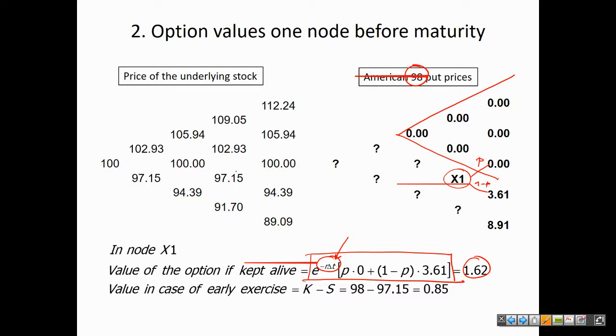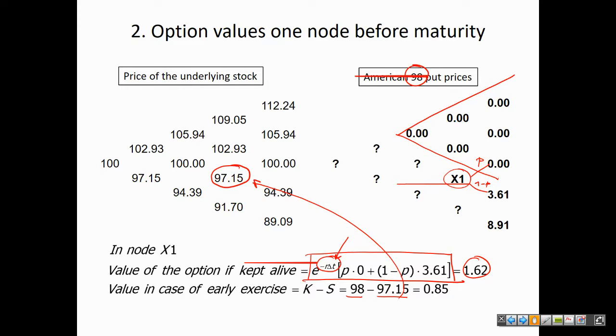And when I'm in X1, the corresponding price S is 97.15. Okay? So early exercise would be the strike price minus the price that I have in this node, which is 97.15. So if I were there, I could get 0.85.